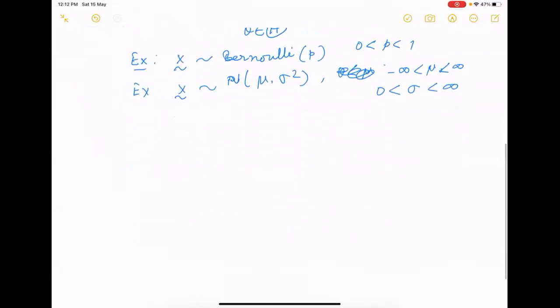In Bayesian estimation, the philosophy is slightly different. Actually, a whole lot different. In Bayesian estimation, they make one additional layer of assumption. The assumption is that theta is a random variable.